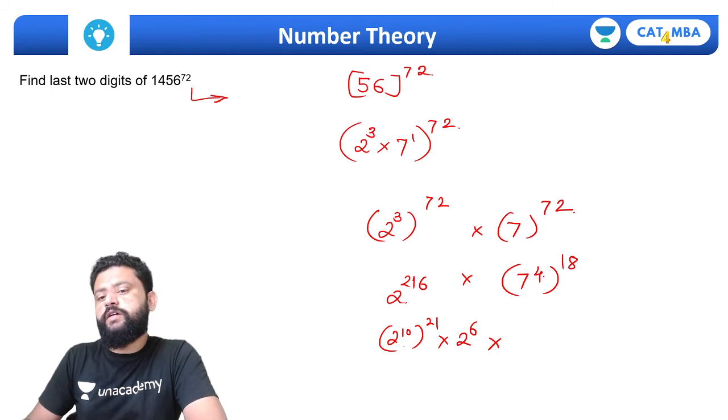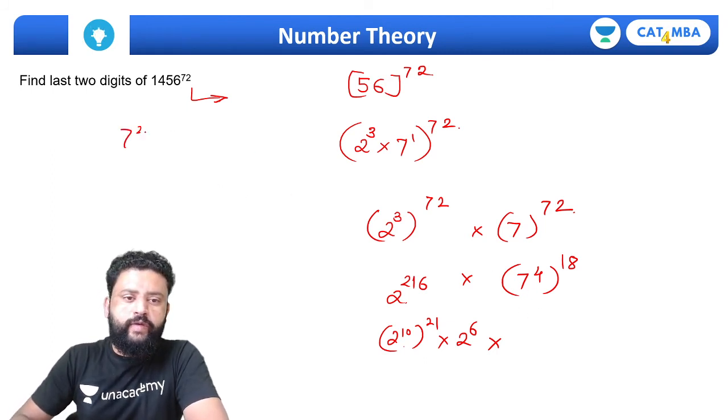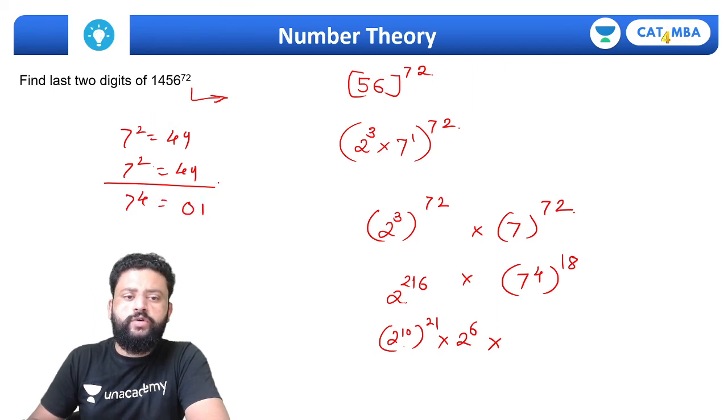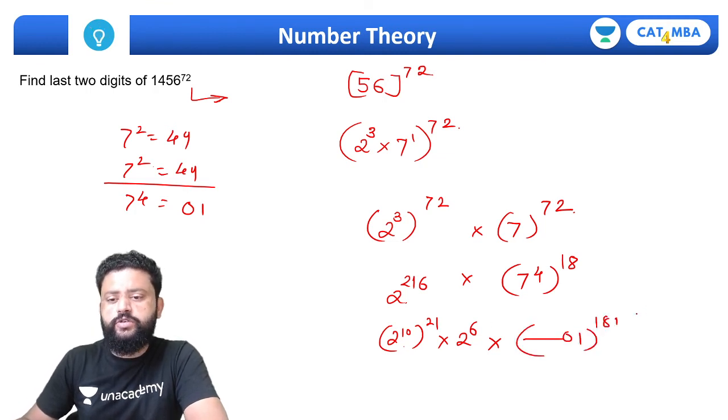Now 7 to the power 4: 7 square is 49, and again 7 square is 49. अगर मैं multiply करूंगा तो 7 to the power 4's last digits will be 0 1. So this will end with 0 1. 0 1 का power 18 भी 0 1 से ही end होगा.